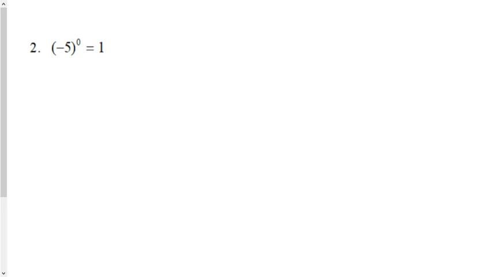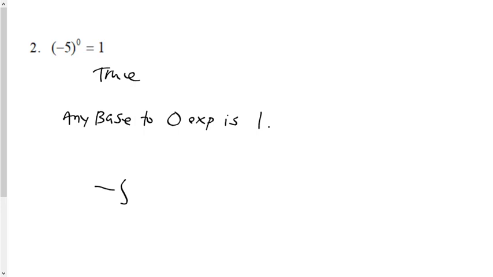Our next question asks us, is negative 5 in brackets to the exponent of 0 equal to 1? The answer is yes, true, it is. Why? Because any base to an exponent of 0 is 1. Now, there is kind of an exception, and if the question on your test was this, would you say true or false for that one? False. Because what's the base?